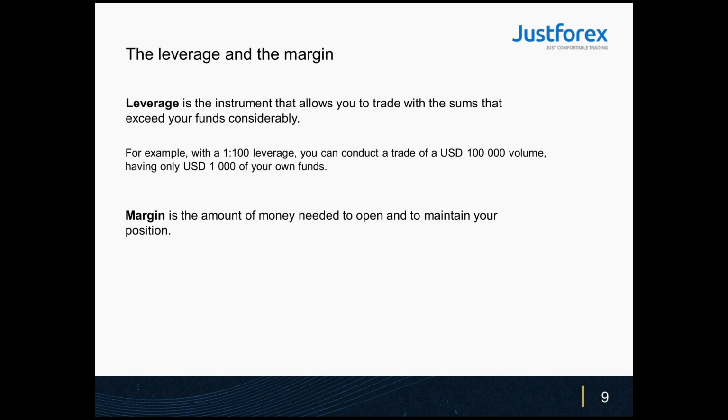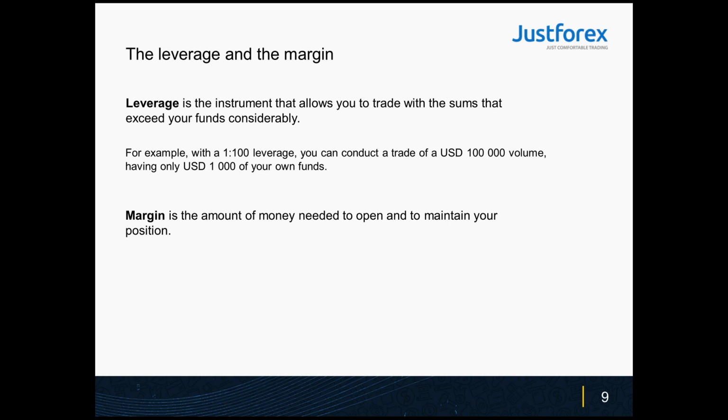So in forex, let's say you have a $100 investment on your account, and you may take leverage up to 1 to 3,000. That basically means that with your investment of $100, you are capable of placing trades with an overall volume of $300,000. Just imagine that you have this opportunity simply by using leverage.